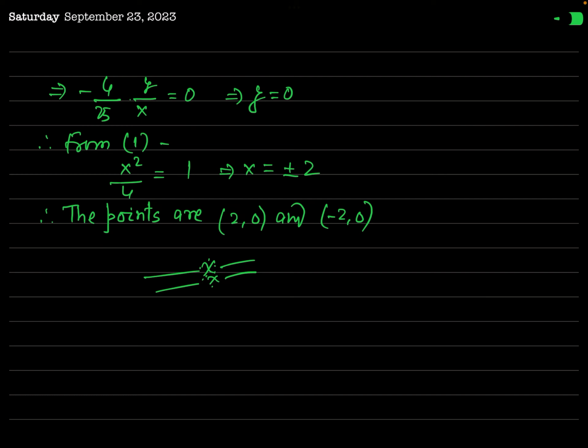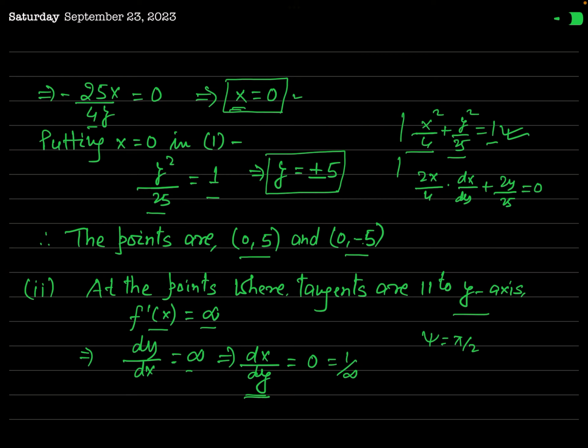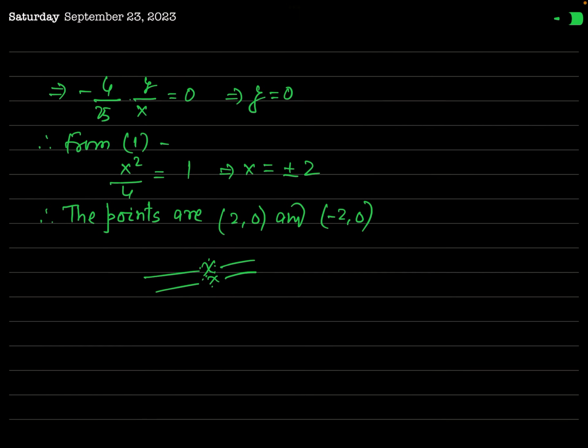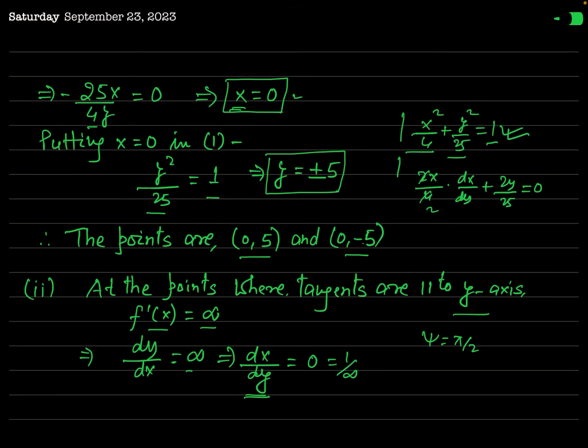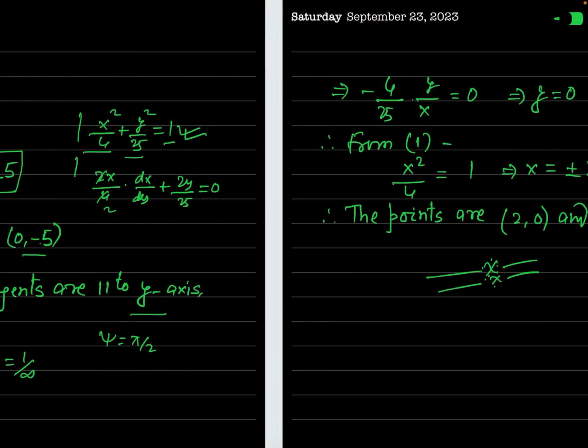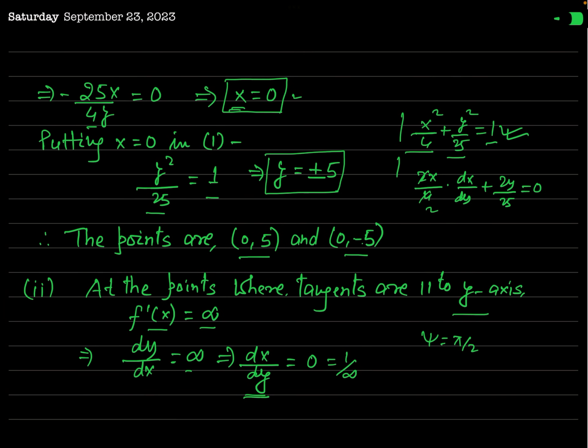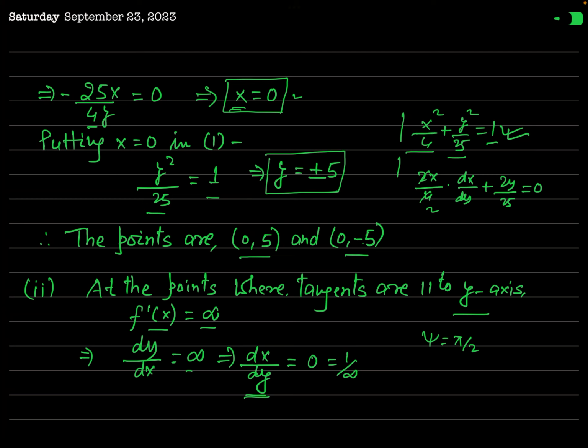So you can see I have written here that this x into dx by dy will be equal to minus 2y by 25.